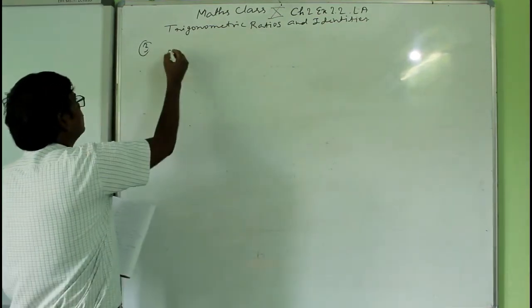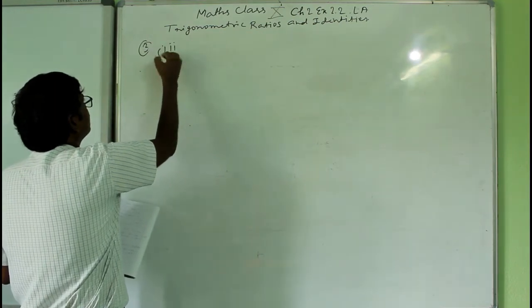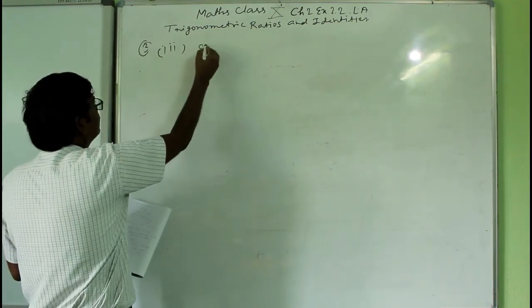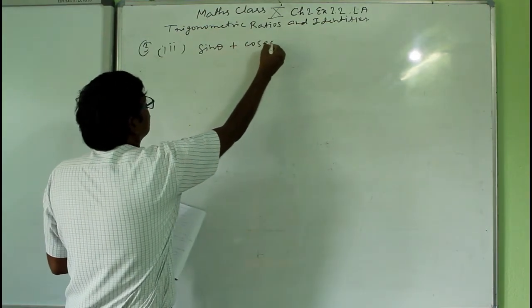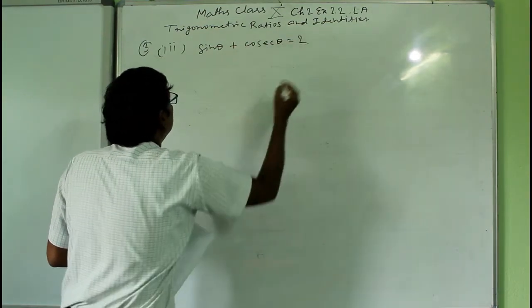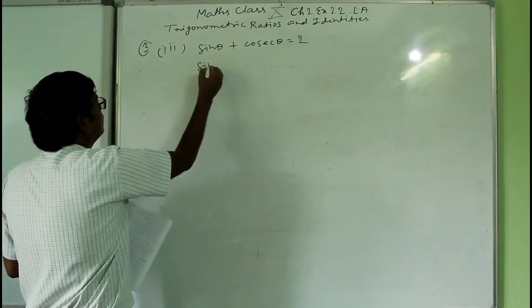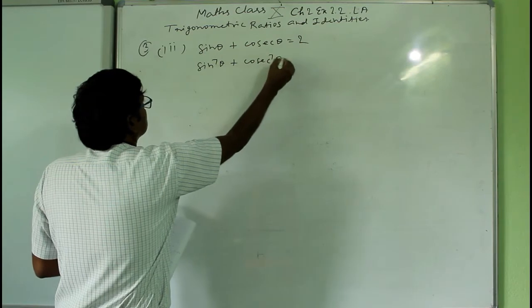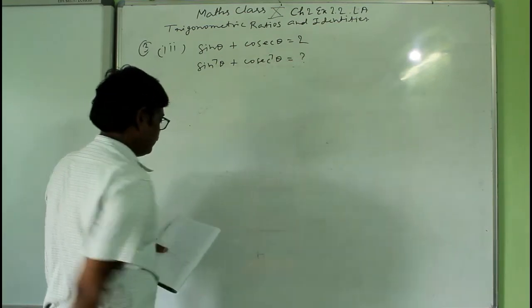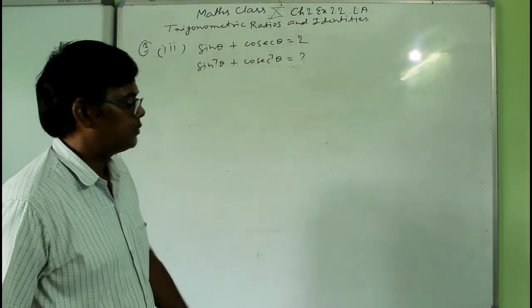Okay, the question number 3 is sin theta plus cos theta equal to 2, and we have to find the value of sin 7 theta plus cos 7 theta.